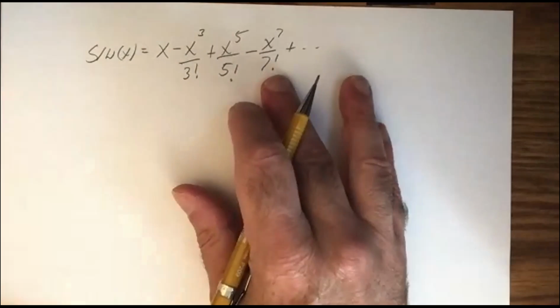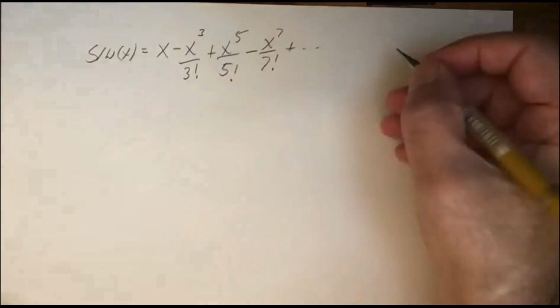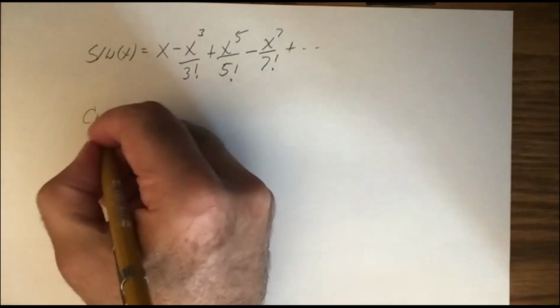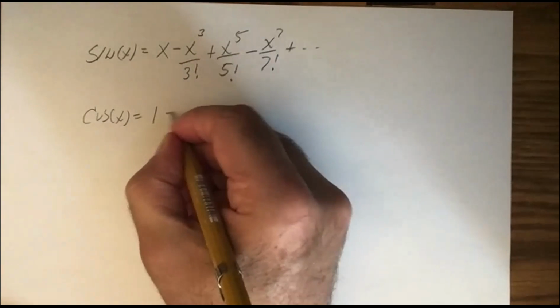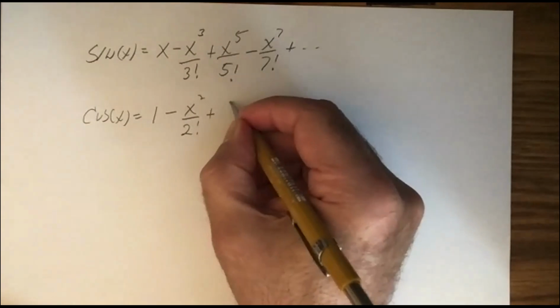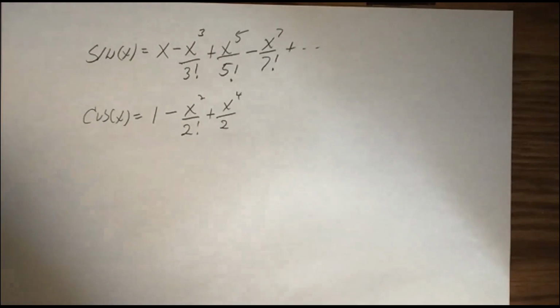This is actually the Maclaurin series, right? When we're expanding about x equal to 0, this is the Maclaurin series. And then the cosine would be 1 minus x squared over 2 factorial plus x to the fourth over 4 factorial.